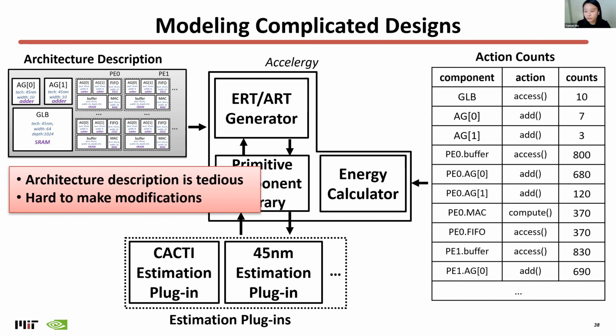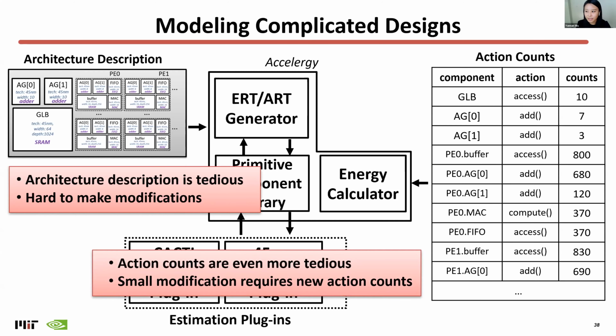Furthermore, if we look at the action counts that will be sent into the Accelergy framework, we will see that we need to capture the runtime behavior of each of these primitive components involved in the design. Instead of only capturing the buffer and the MAC operations inside the PE, we now have to pay attention to the address generators as well as the FIFO unit. So we can see that we have an even more tedious generation of the action counts.